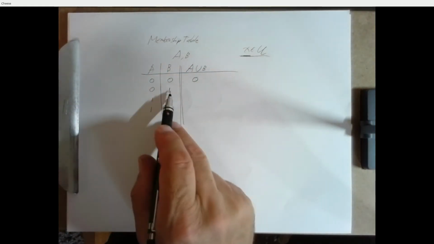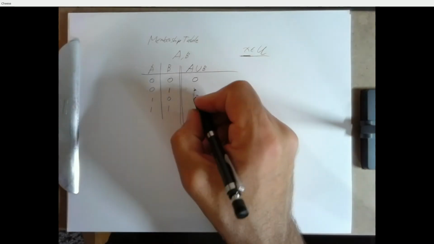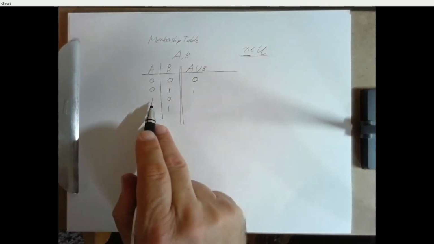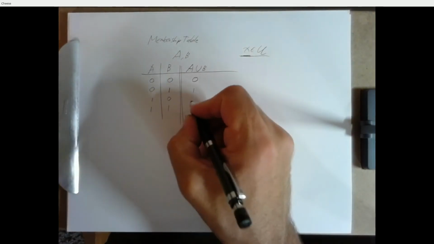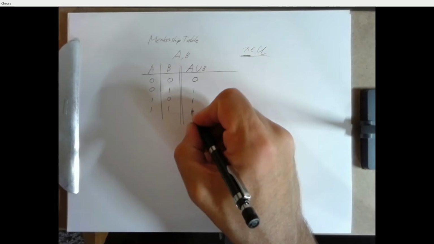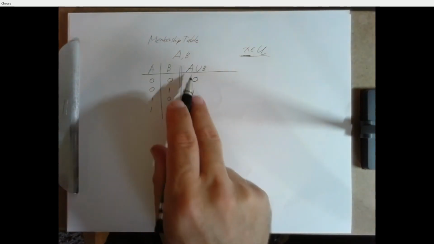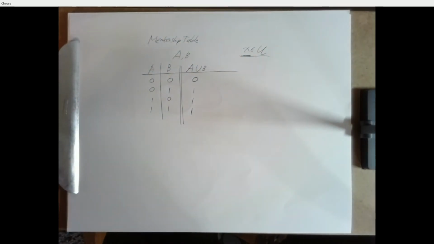But if X is not in A, but it does belong to B, is it in the union of A and B? Absolutely. And if it belongs to A but not B, the fact that it belongs to A means that it's in the union of A and B. And even more so, if X is in both A and B, it's definitely in the union, because to be in the union, it only has to be in at least one of these sets. So here's a membership table for A union B.